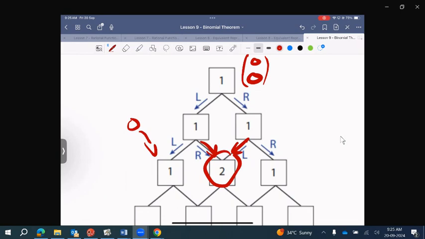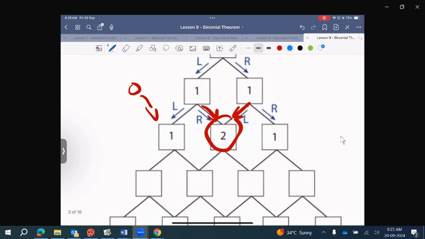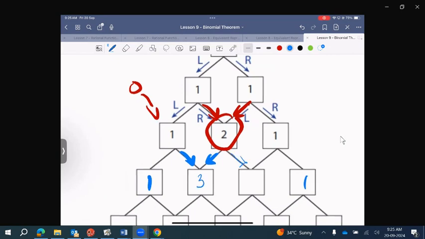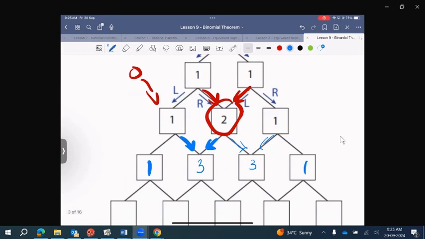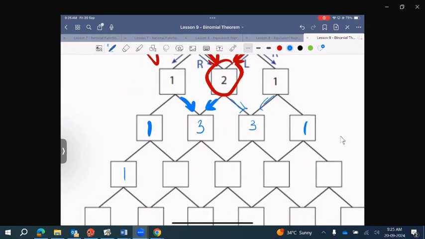So let's see what the next row is. The next row, we always have a 1 at the ends here. And this is going to be made by going along these two rows here. So 1 plus 2 gives us a 3. This is going to be 2 plus 1 gives us a 3. This next row is going to be 1, and then we're going to get 4, 6, 4, 1.